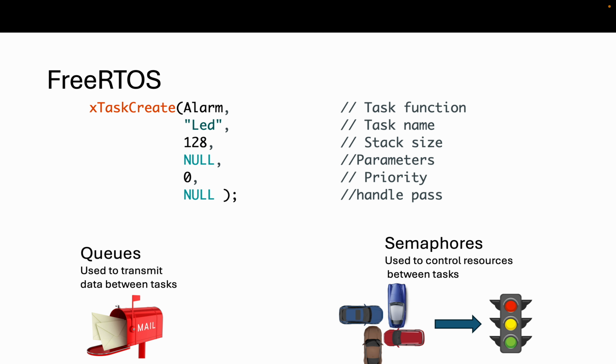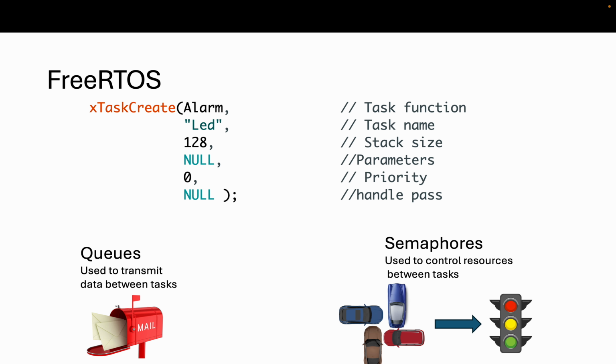And to control the resources between tasks, we're going to use semaphores. An analogy that I have for that: you can see here how the traffic got jammed because all 4 cars are trying to go through the intersection at the same time. So how can we control this with a traffic light? Well, 4 traffic lights, right?